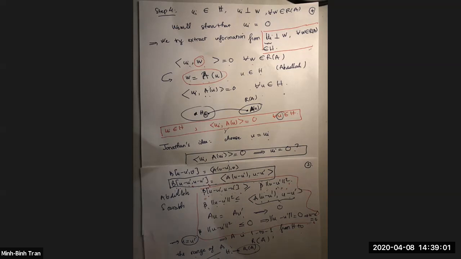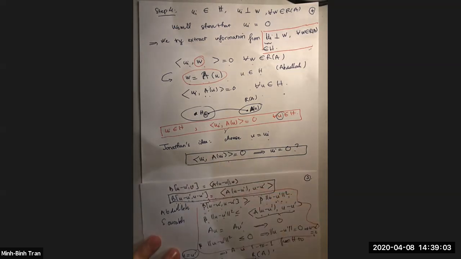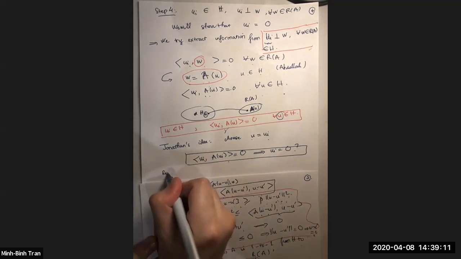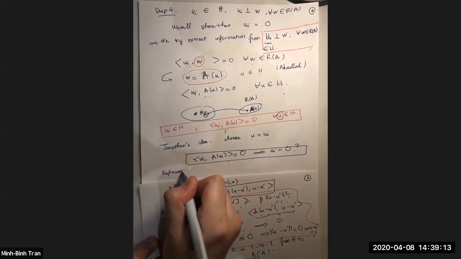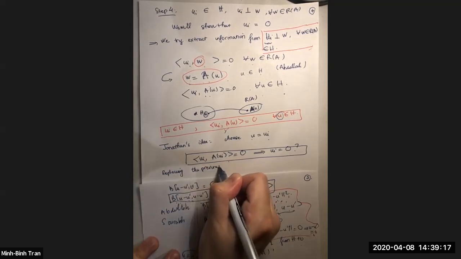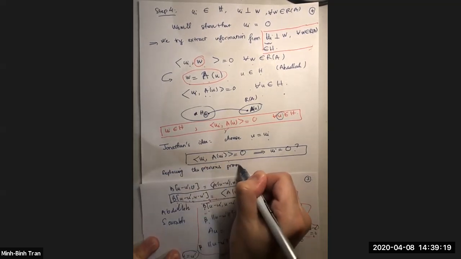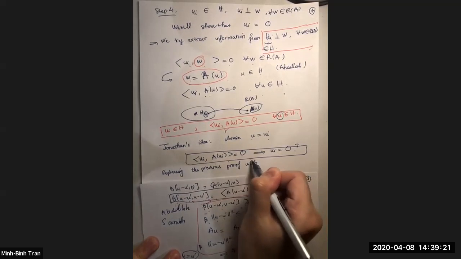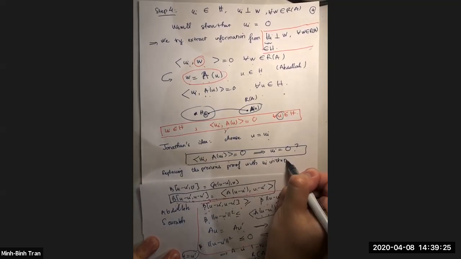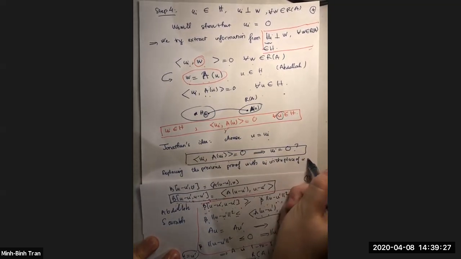So what we have is we just replace u minus u prime in all of this proof with u_i, right? So we're replacing the previous proof with u_i in the place of u minus u prime.